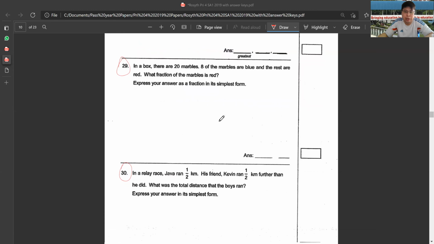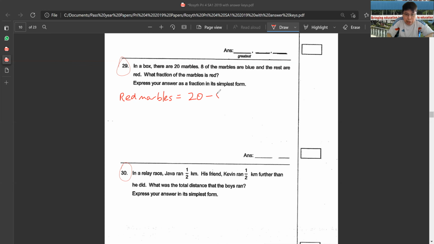Next question, 29. In the box, there are 20 marbles. 8 marbles are blue. The rest are red. How many red marbles are there? 20 minus 8.